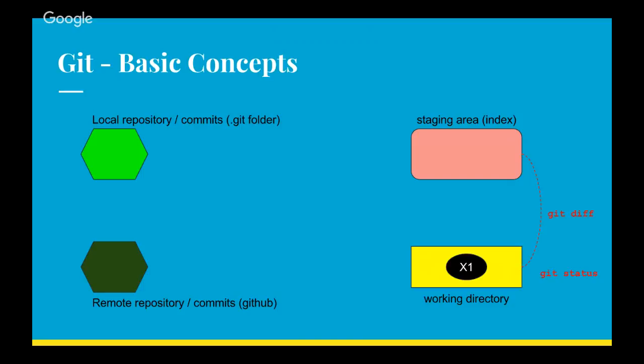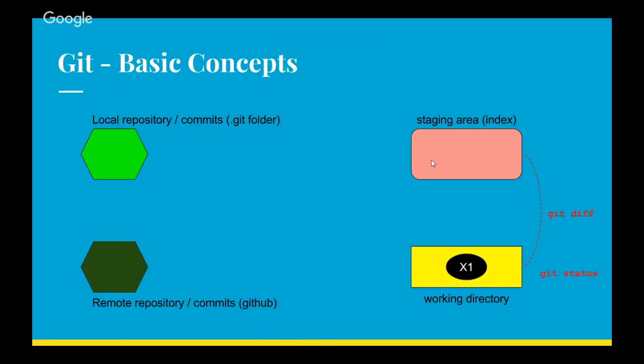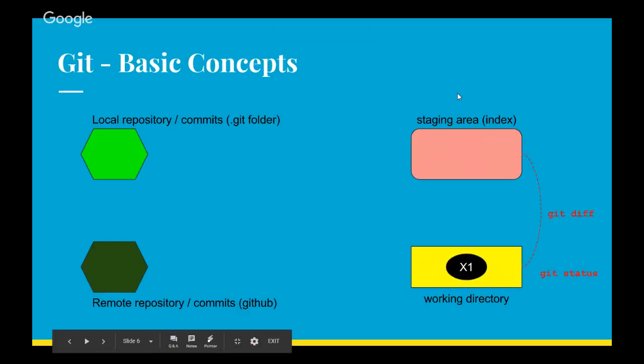The next thing is called the staging area. So once you've made changes and you're pretty sure that the changes look stable, you can get them staged in this staging area. The staging area is also known as the index, and you can run this command called git diff to see the difference between the working directory and the staging area. I'll show you a live example.